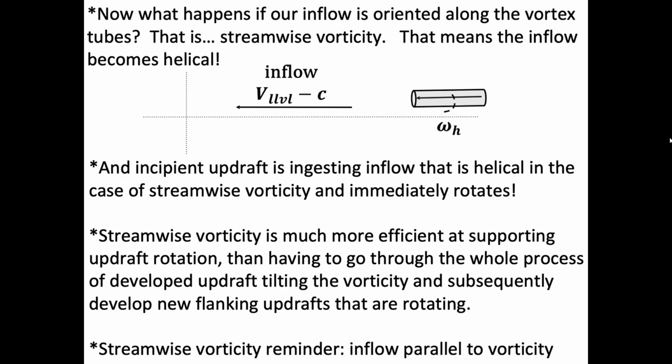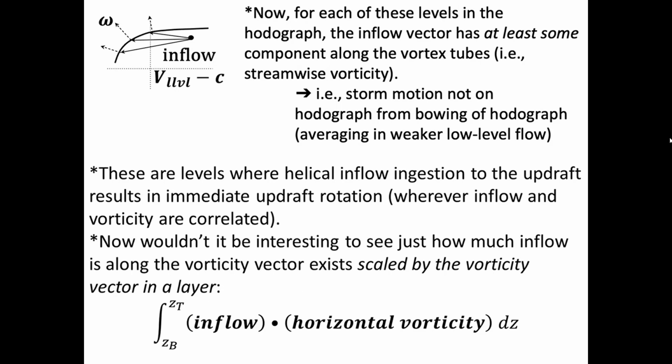Again, just a reminder, with streamwise vorticity, the inflow is parallel to the vorticity. So let's consider a hodograph that's no longer a straight hodograph, but one that has an arch or a concavity. I'm going to use this phrase concavity quite a bit. When we're talking about a concavity, we use it to describe an arch in some curve.